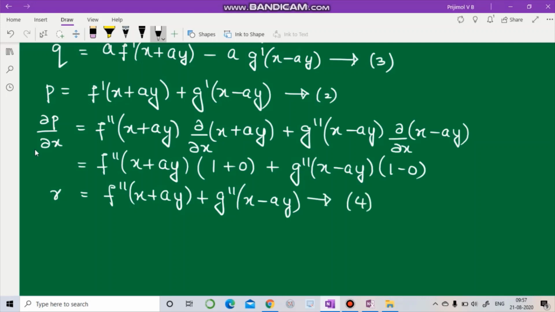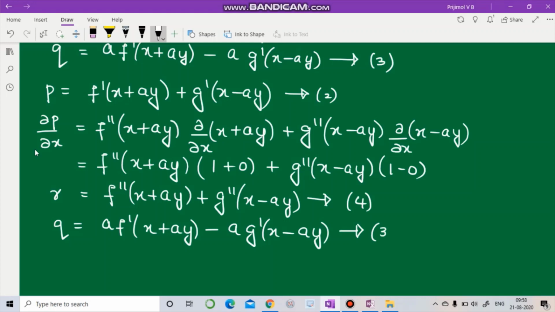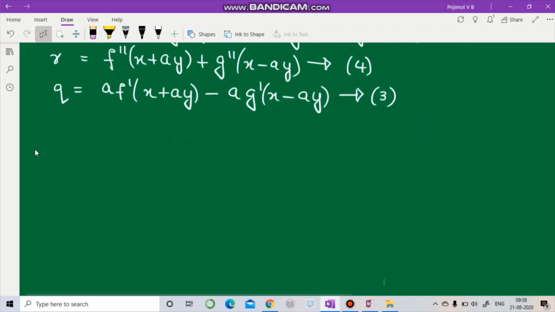Now I am going to differentiate q with respect to y. Now I have written already equation number 2 here. If you want, I may rewrite it again. This was our equation number 3. Now differentiate this equation 3 again with respect to y.